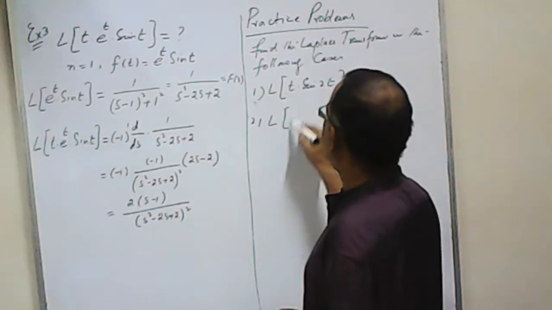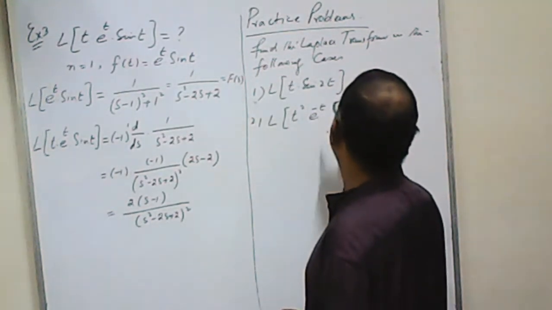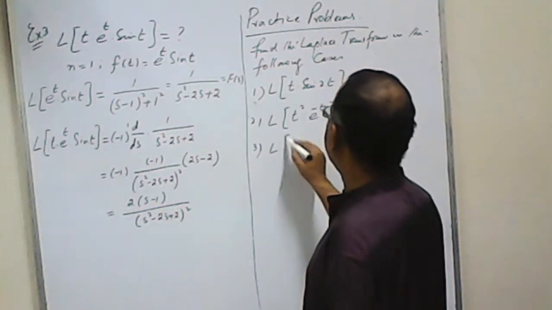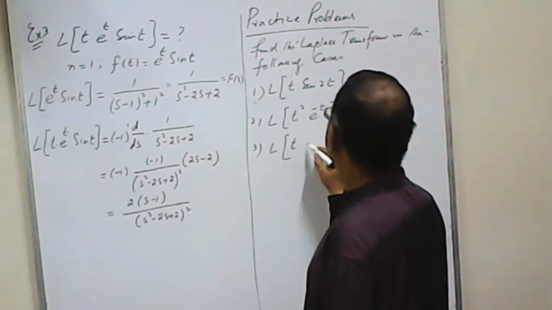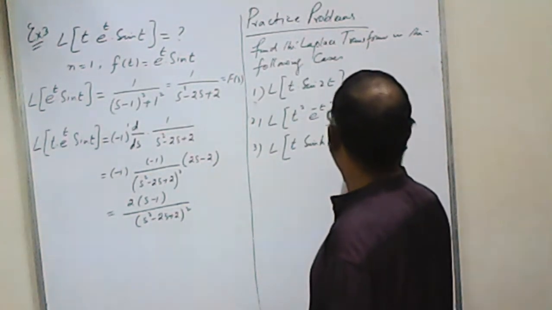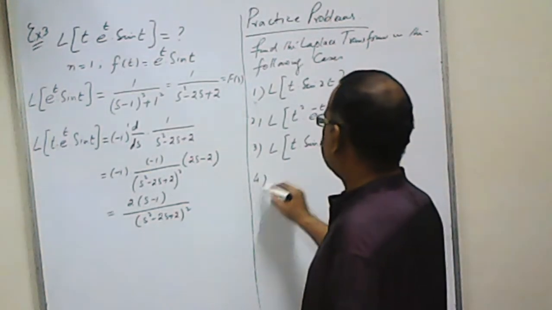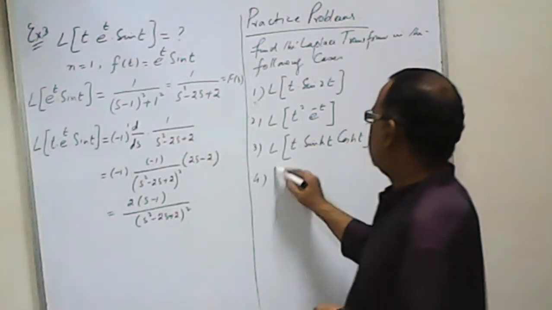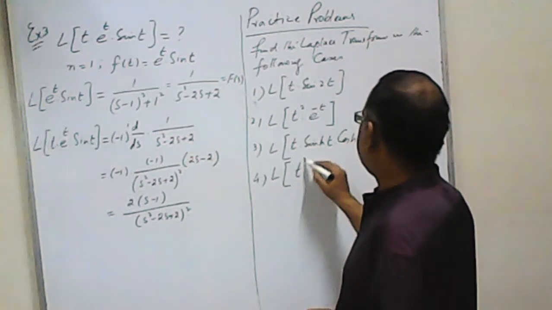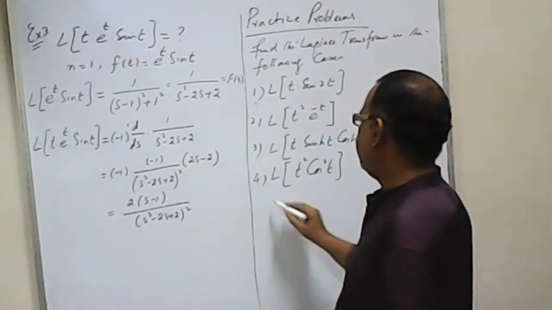Number 2, Laplace of t square e power minus t. Number 3, Laplace of t into sine hyperbolic t into cos hyperbolic t. Number 4, Laplace of t square into cos square t.